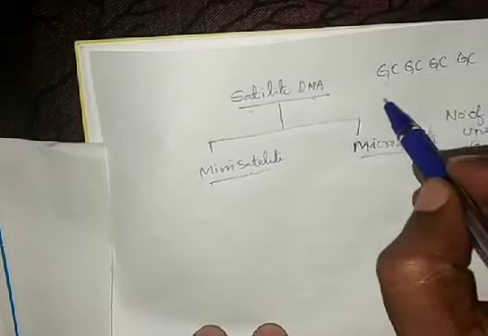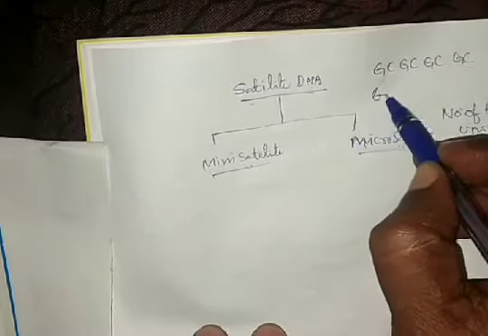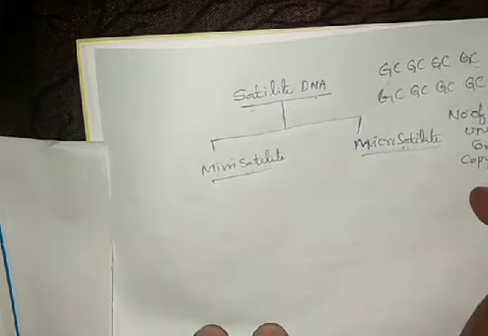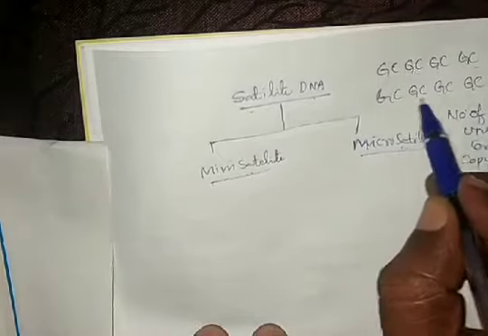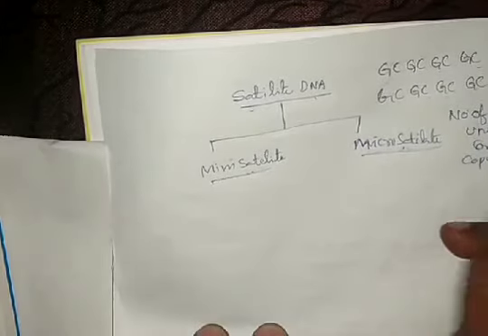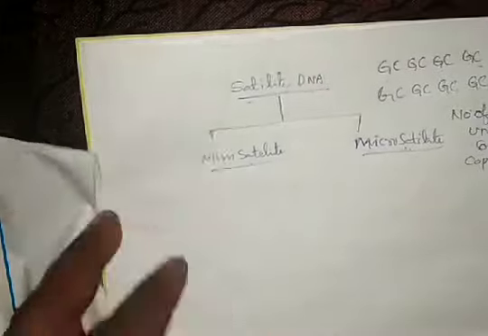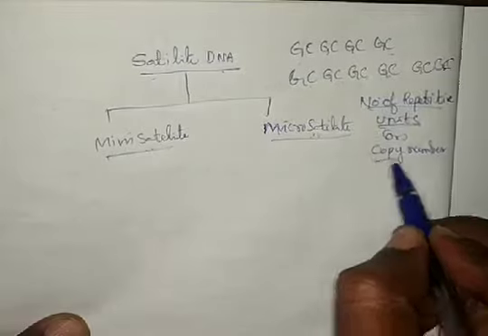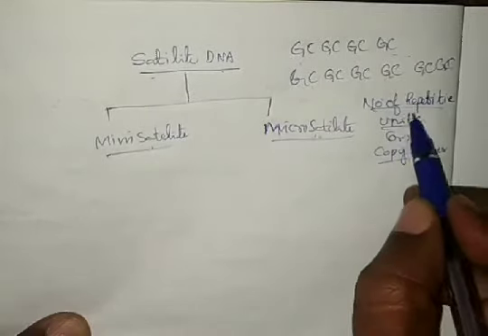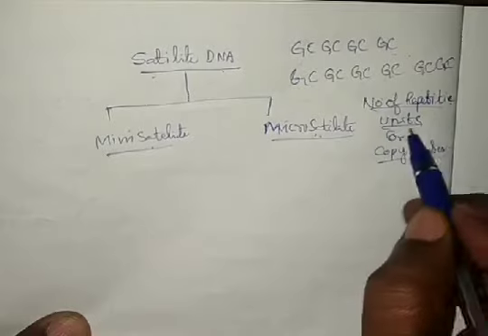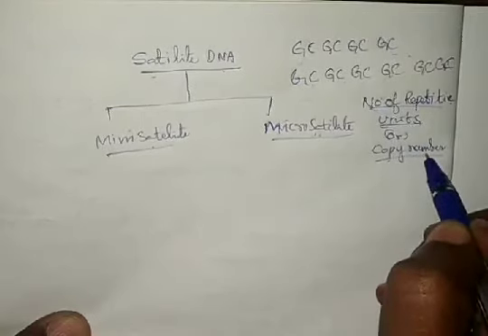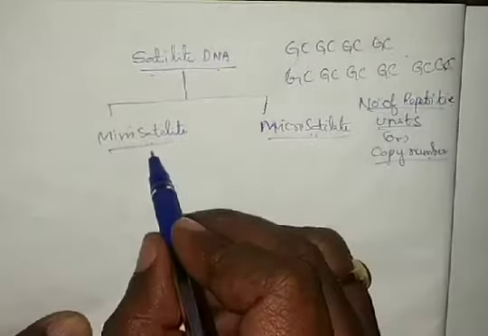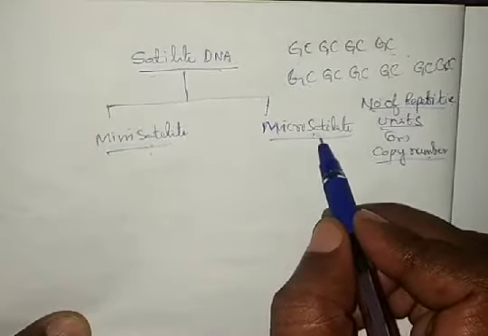Here, GC, GC, GC, GC, GC, GC. How many times is it repeating? 1, 2, 3, 4, 5, 6. So the number of repetitive units is also called the copy number. This is one of the points. Based on this, mini satellites and microsatellites are separated.